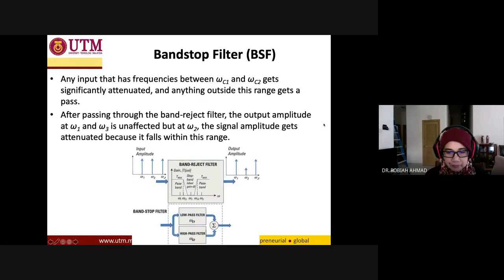And the band stop, okay. So the band stop is low pass and high pass, and this is a combination here. But it is either this one or this one, then we pass.